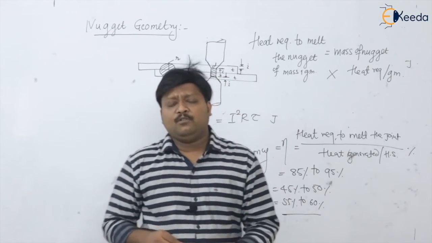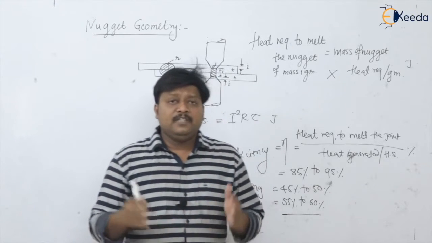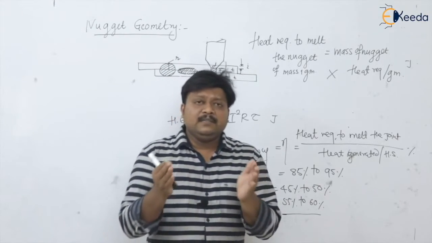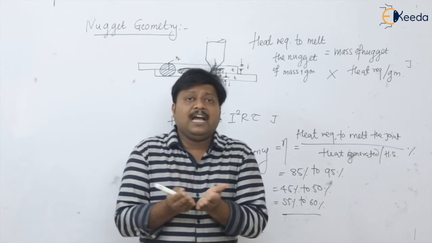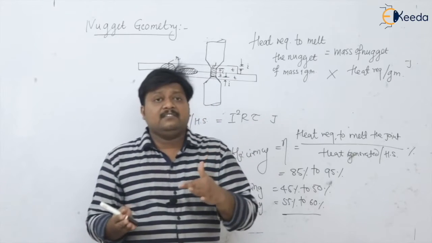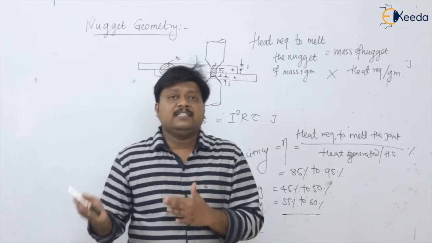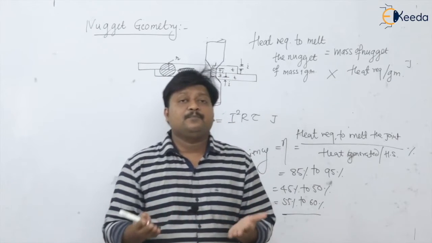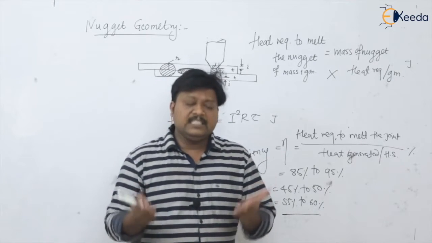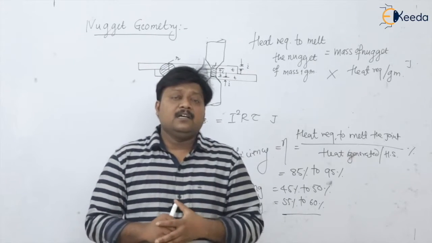Again, if we talk about differences in thermal conductivity, we will have the minimum contact area at the higher thermal conductivity plate, whereas we will put the maximum contact area of the electrode where the thermal conductivity is minimum. So this is how we can have the heat balancing in this resistance welding.